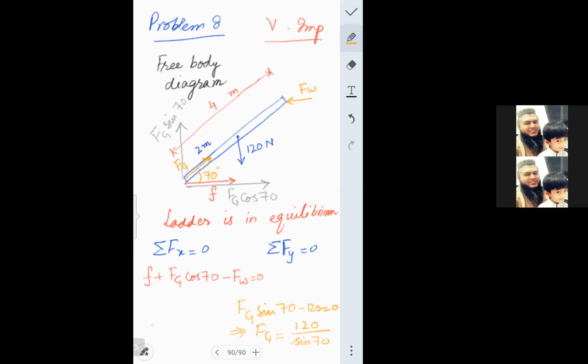So Fg will be 127.7 newtons. So we can now at least put this Fg in the other equation. Originally in this equation there are three unknowns: small f, Fg, and Fw. Now we have found Fg.